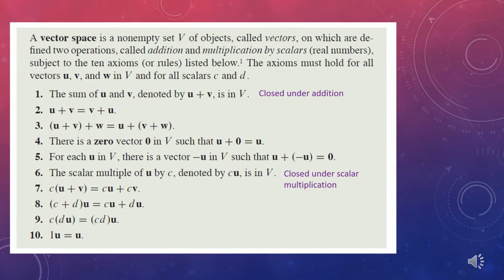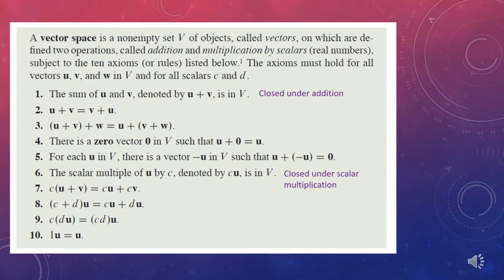So the 10 axioms are listed here, and they're not necessarily in any particular order. The book has listed them in this order. One of them, though, is an important idea that is given a special name. It's called closed under addition.